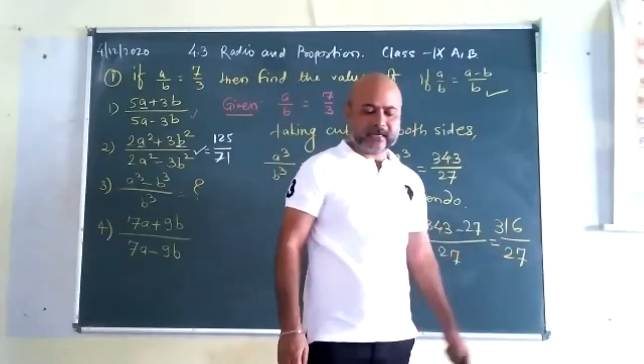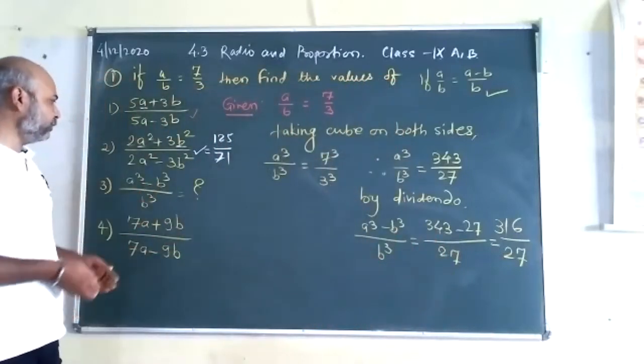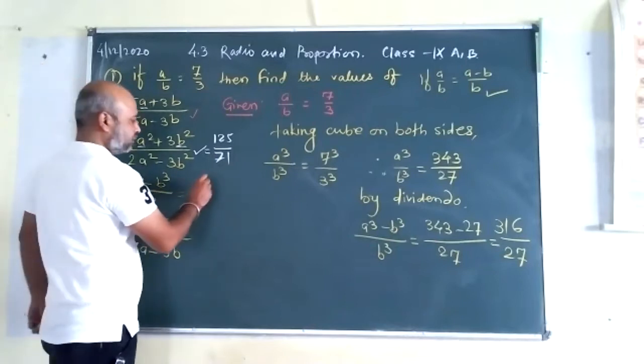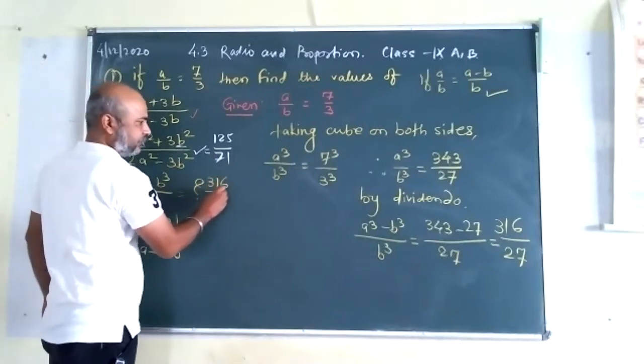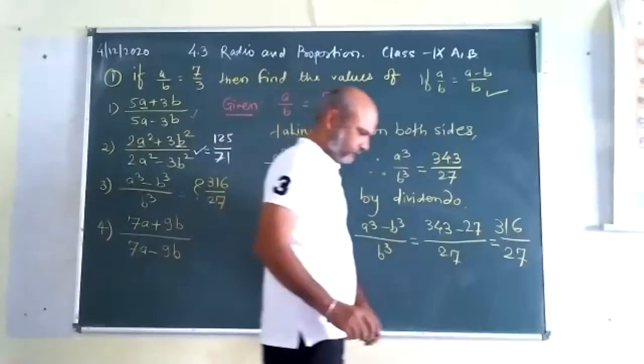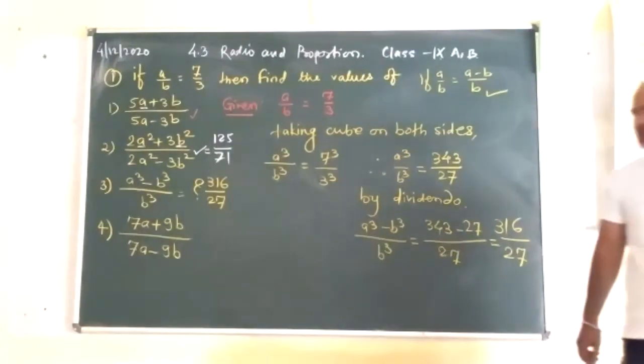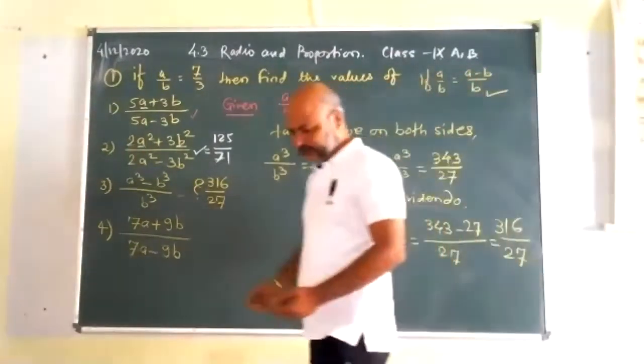This is 27 as it is. So this is the value of a cube minus b cube upon b cube: 316 upon 27. Is there any problem? No, sir. Okay, so we'll take the fourth one.